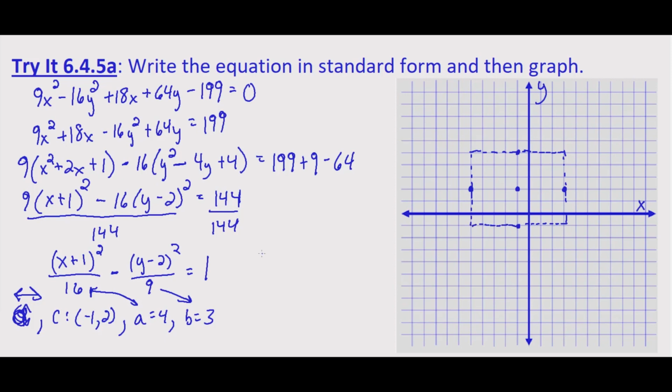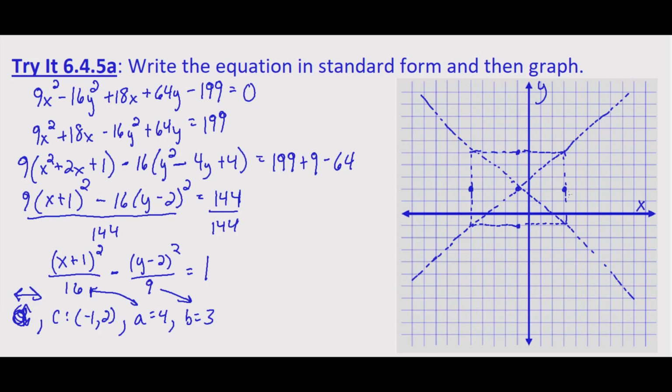So then we draw in our asymptotes. And again, those go through the corners of the box that we created from the vertices.